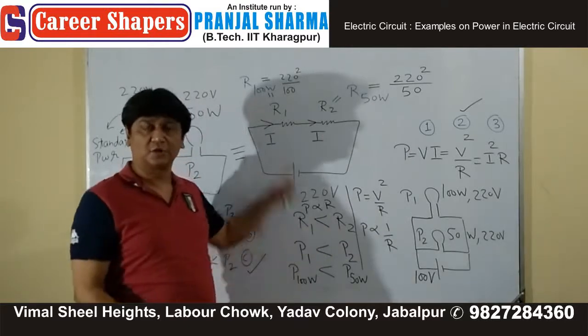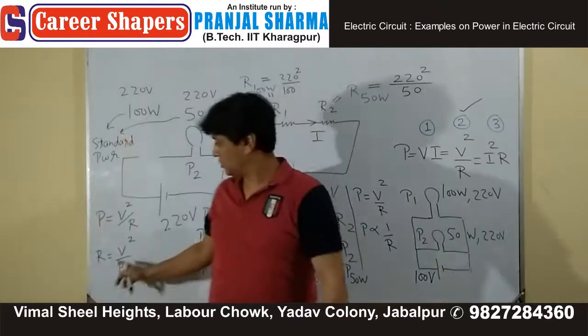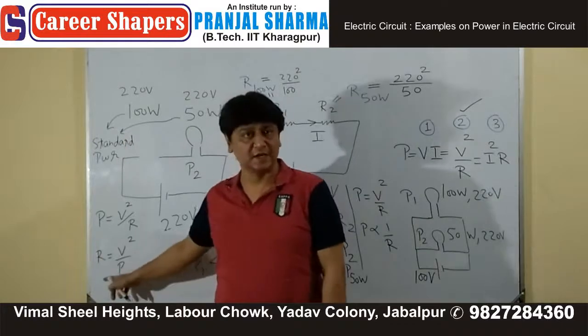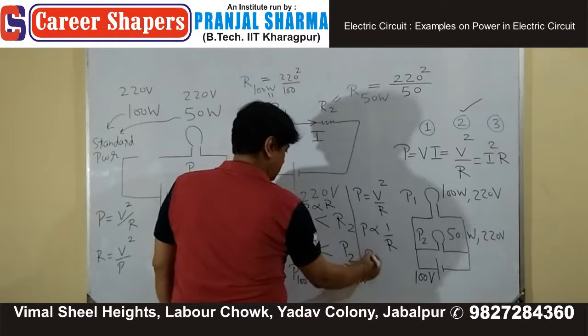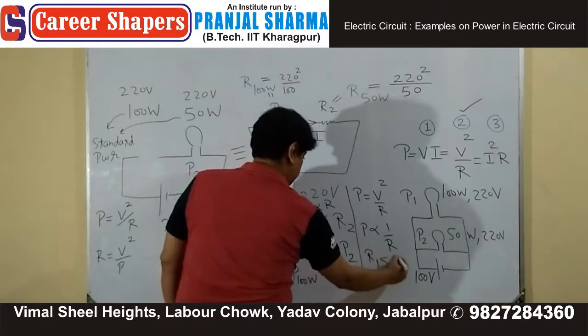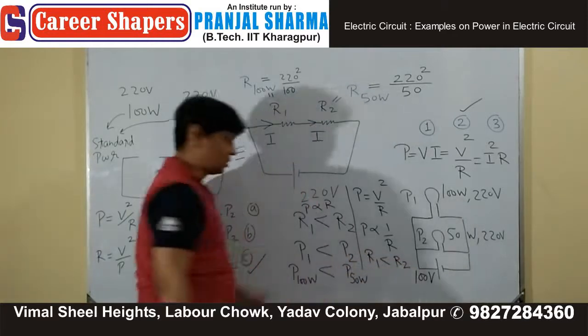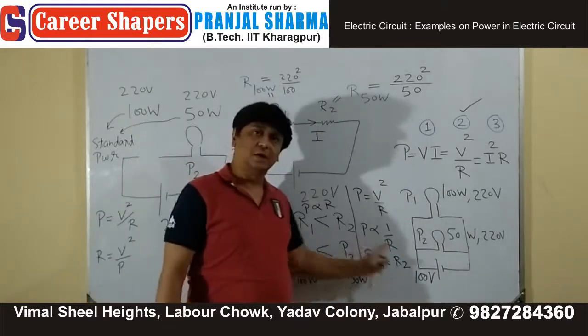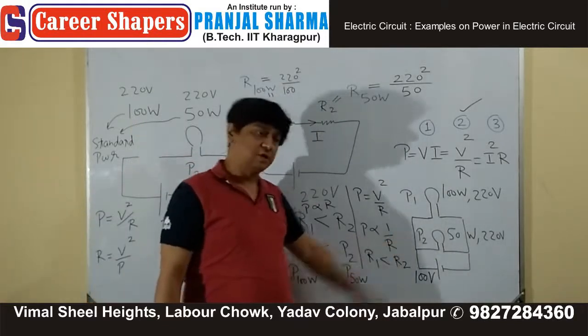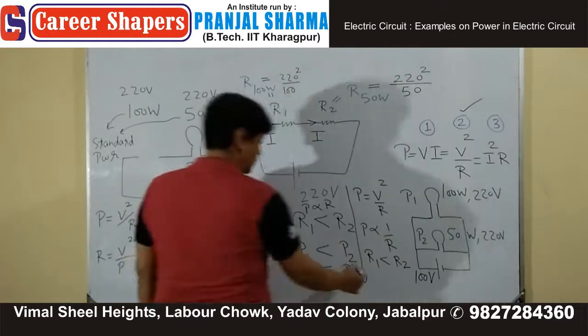This is based on the filament. We have found the value of resistance using standard values. So R1 is still less than R2, but this time power output is inversely proportional to R.